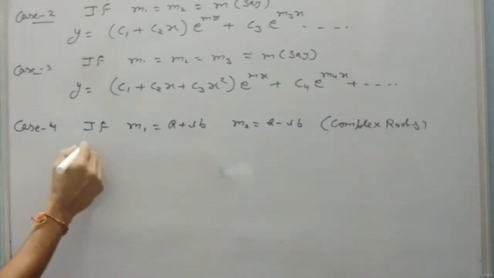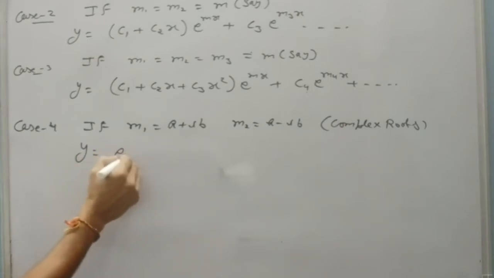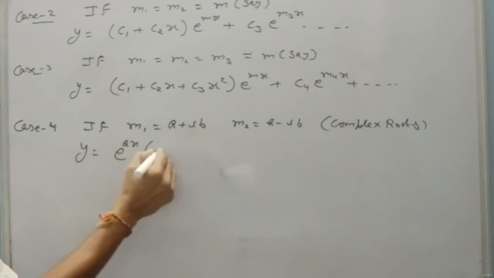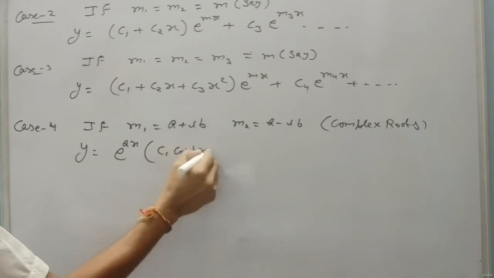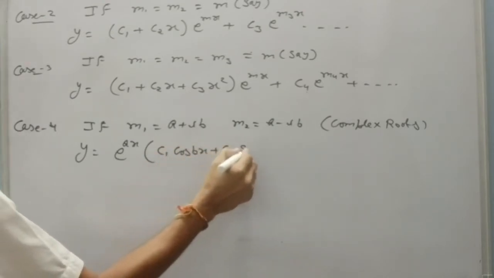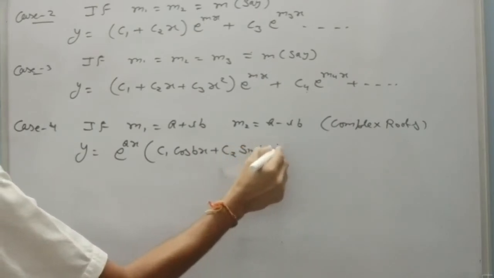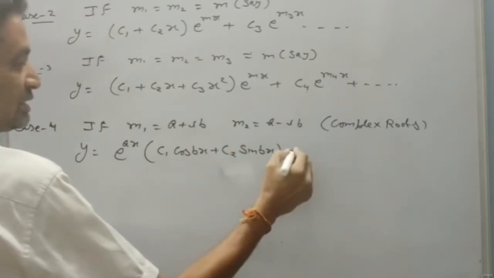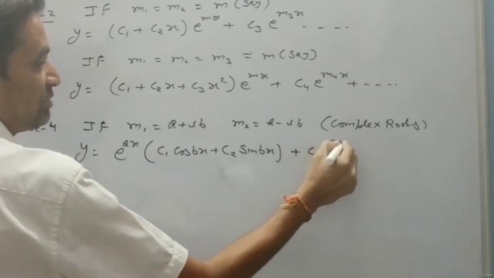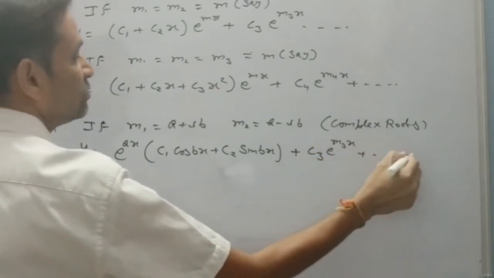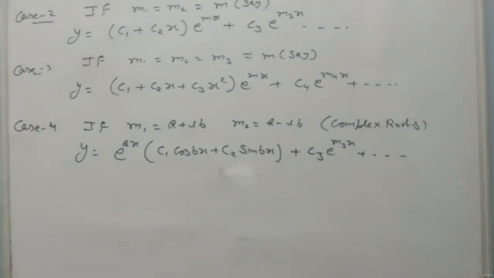Then y = e^(ax) (c1 cos bx + c2 sin bx) + c3 e^(m3 x) and so on, if there is only one pair of complex roots.